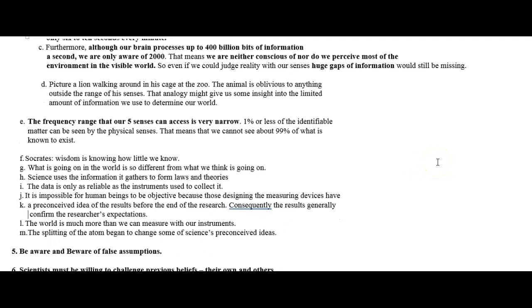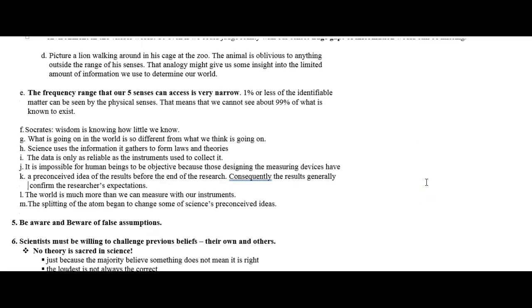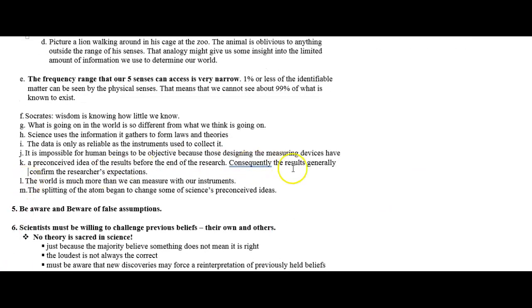So we can only identify 1% with our physical senses because they're very limited. That means that we cannot see about 99% of what is known to exist. So let's skip some things. The world is much more than we can measure with our instruments.